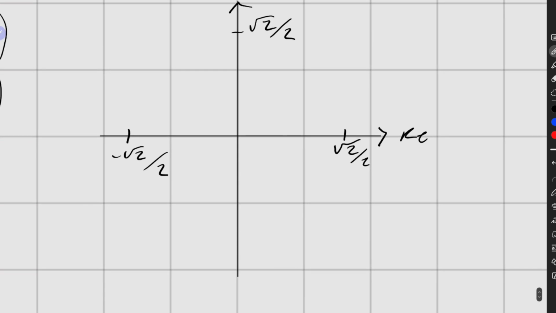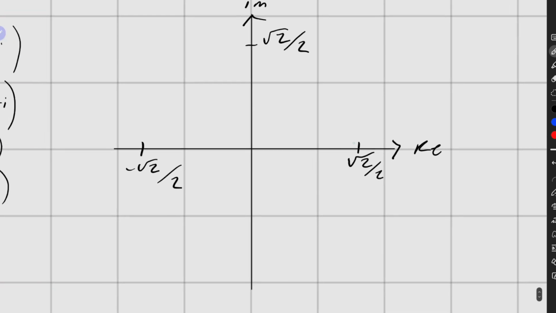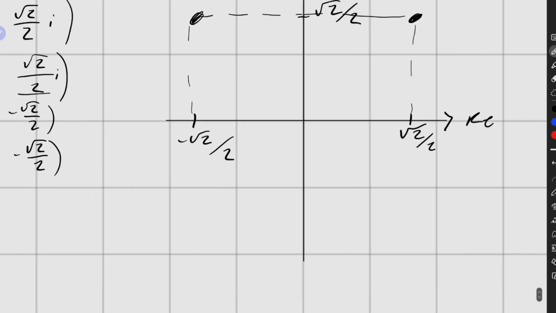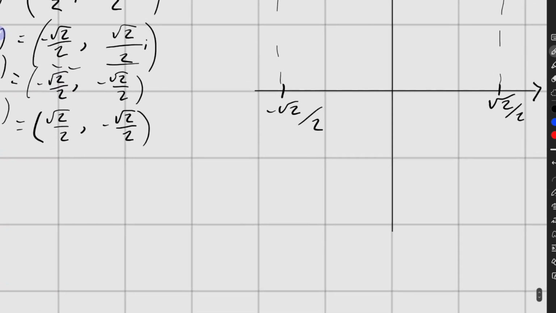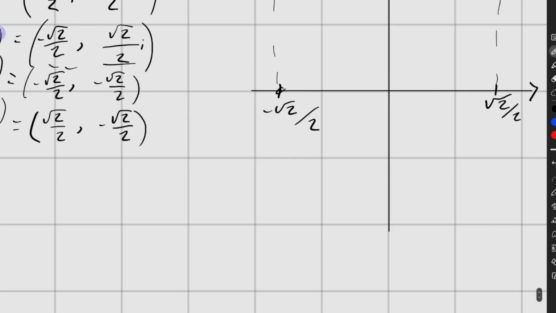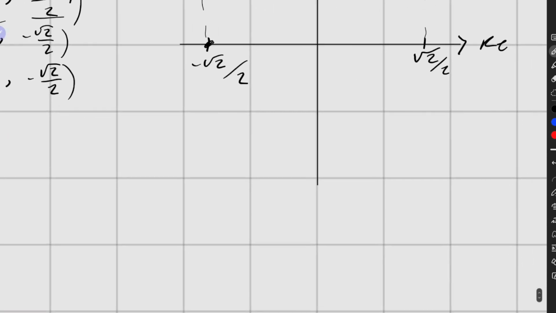So first plot, this is our second equation on the graph. Third one, minus root 2 on 2, which is here, minus root 2 on 2 in your imaginary, which is approximately here.